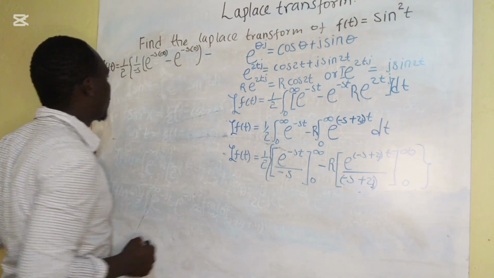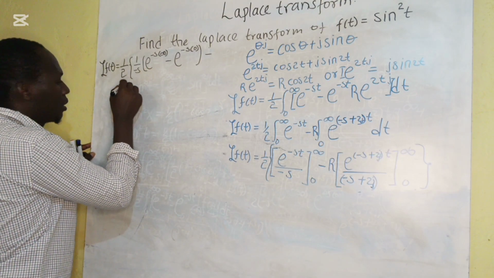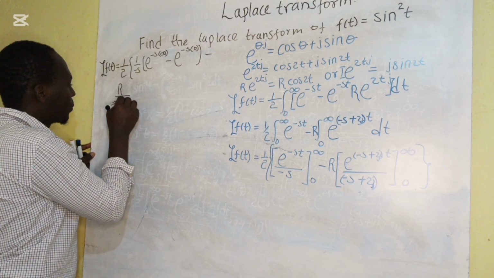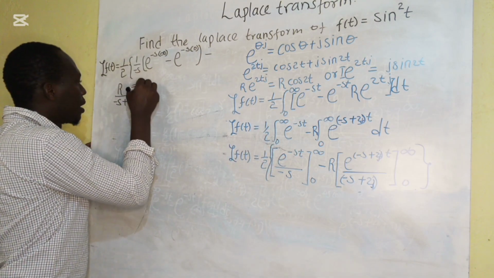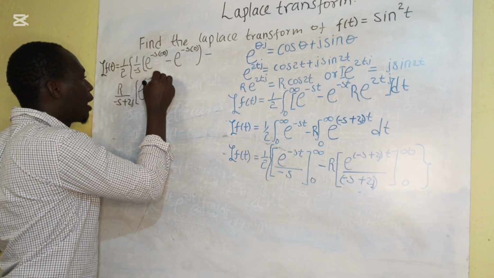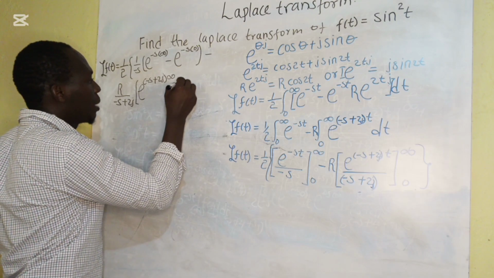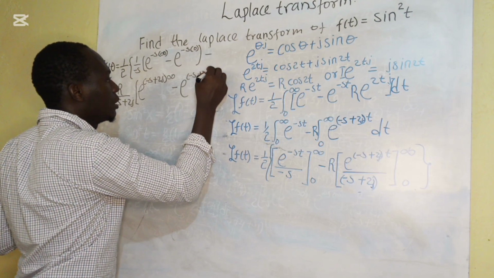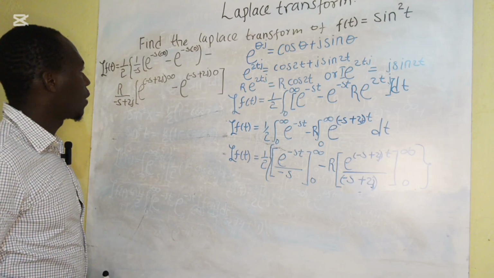We come and subtract from, on this other side we are going to have r all over a negative of s, we add to 2j. We come and multiply by exponential negative of s, we add to 2j. We insert our upper class limit, we subtract from exponential negative of s, we add to 2j. We come and multiply by our lower class limit.